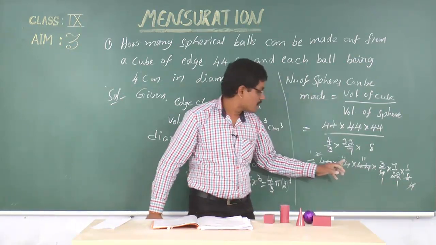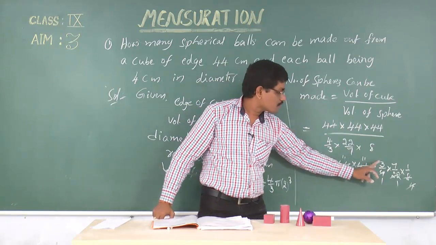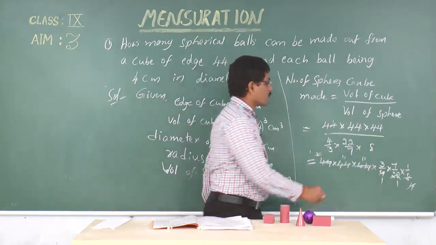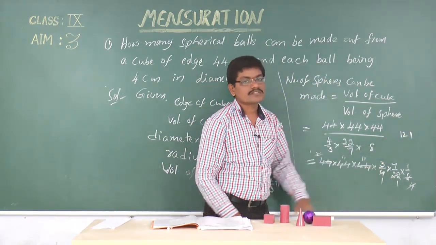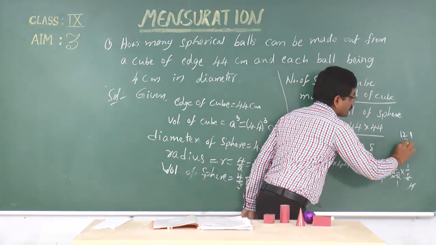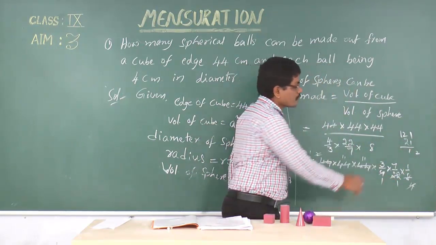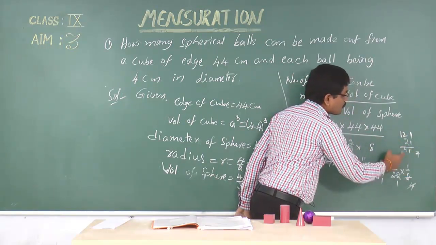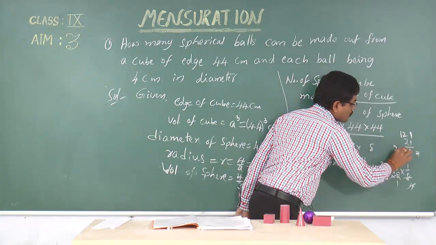Now multiply the remaining values in the numerator: 11, 11, 3, 7. 11 11s are 121 and 3 7s are 21. 21 ones are 21, 21 twos are 42 and 2, 44, 21 ones are 21, 4, 25.